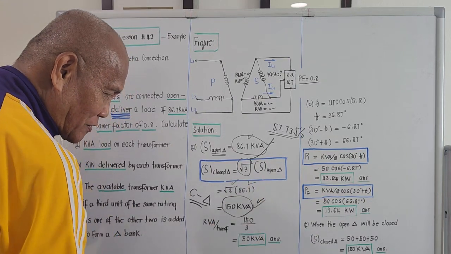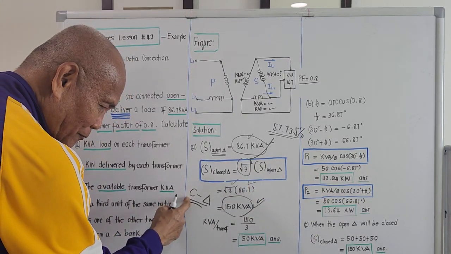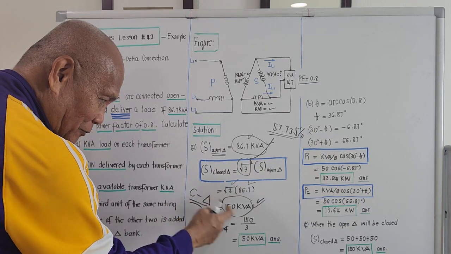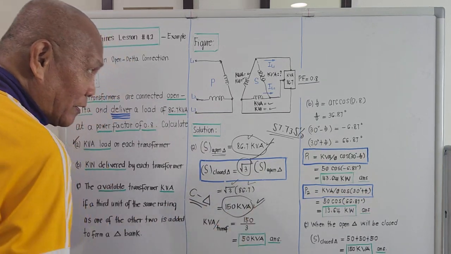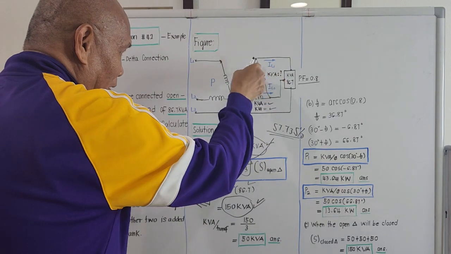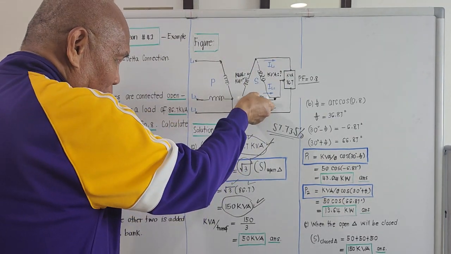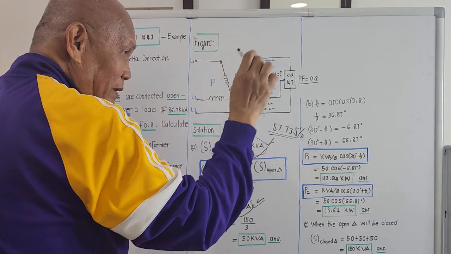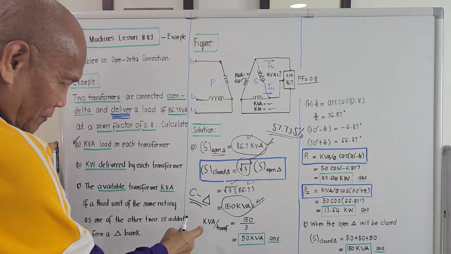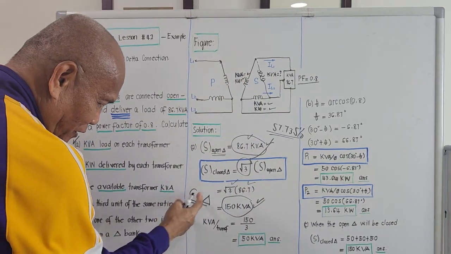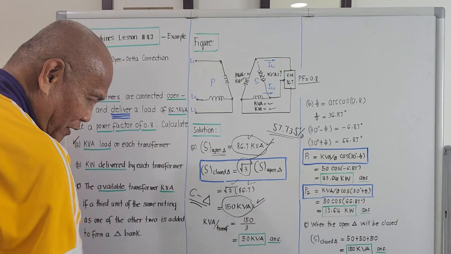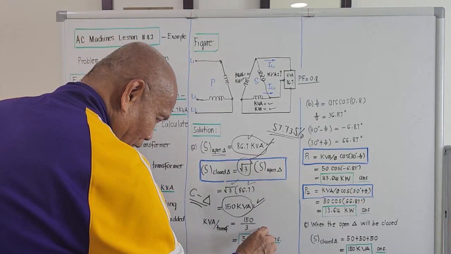The problem is just asking the load for a closed delta if the total load is 150 kVA. If it's a closed delta, it's balanced already. Each of the 3 windings will carry 1/3. So the kVA per transformer, if it's a closed delta now, will be 150 over 3, or 50 kVA.